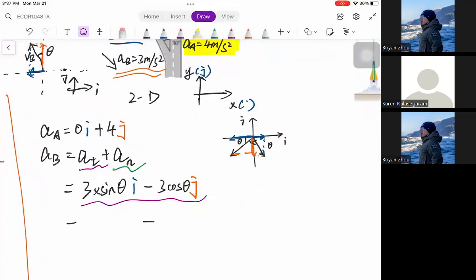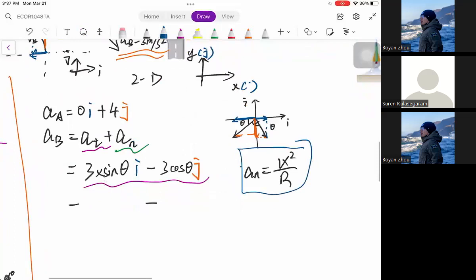There is another equation we need to use: AN is equal to velocity squared over R. I'm just going to integrate this equation into our full equation. So for AN it's going to be V squared, what is V? It's 30 squared over R. R is also given as 200 meters.